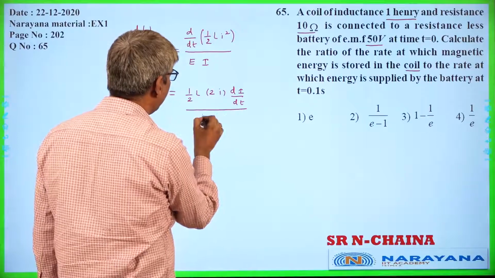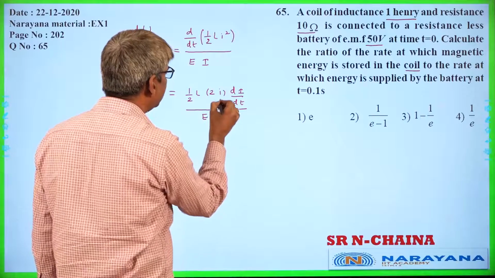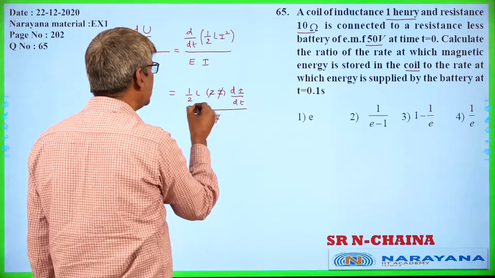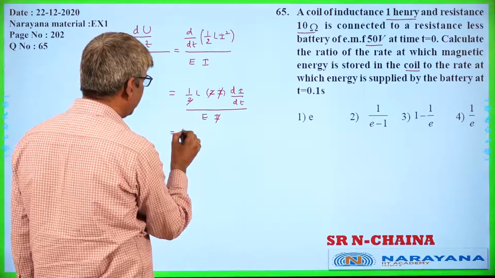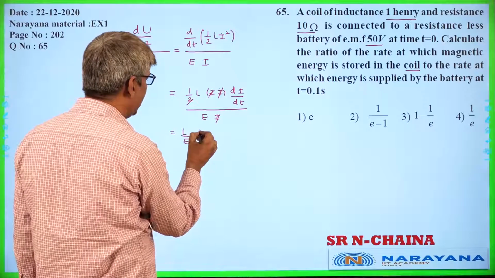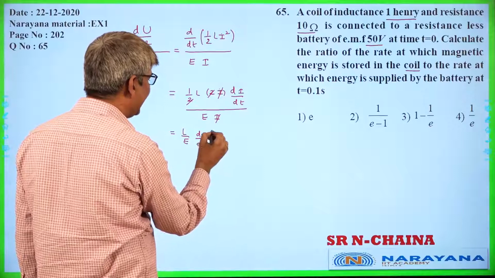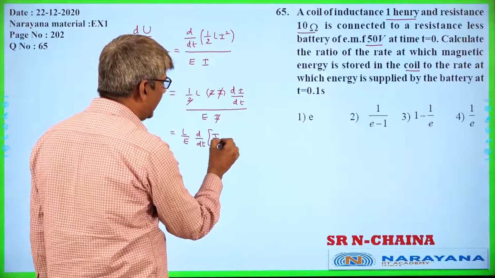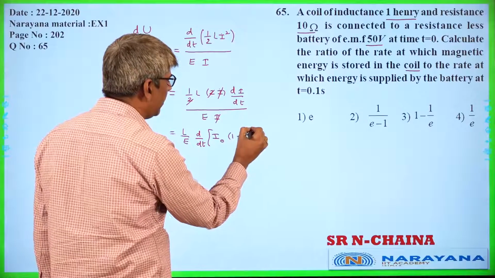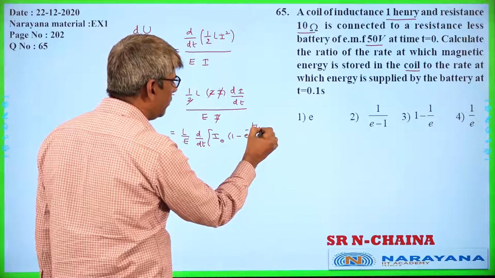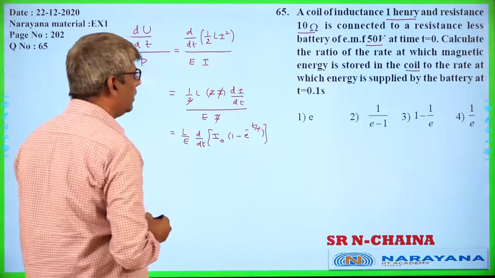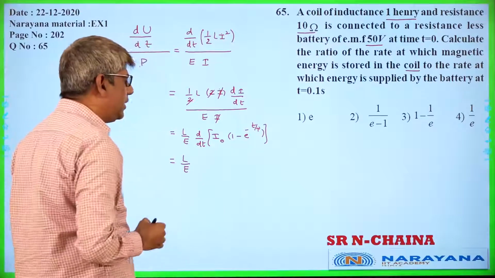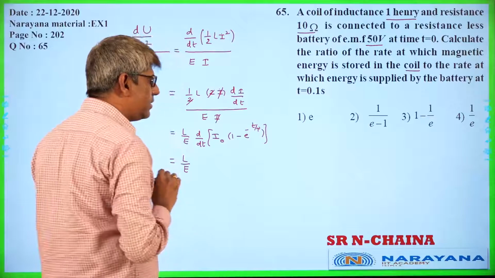Divided by E into I. So this I and I cancel out, this 2 and 2 cancel out. The remaining value is L by E, d by dt of I. As it is an LR circuit, we know I is equal to I0 into 1 minus e power minus t by tau. Differentiating, the first term I0 gives 0 with respect to time.